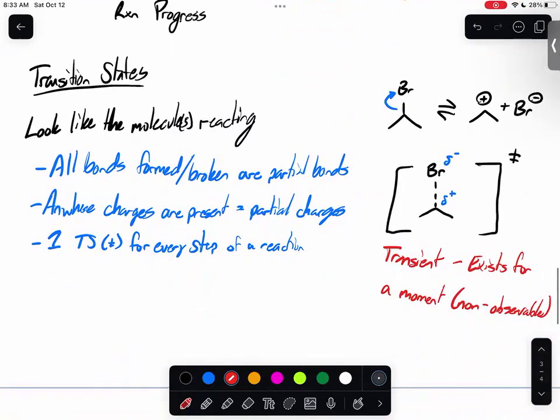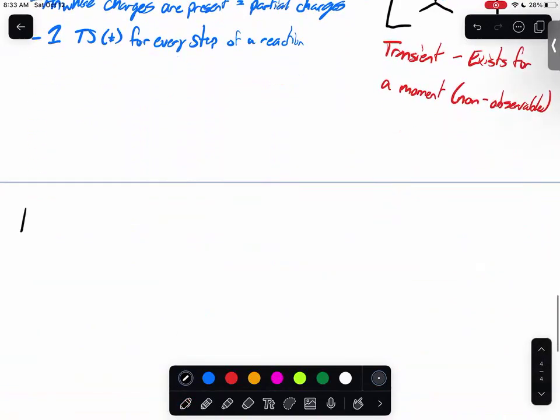They're not really observable. But there is a postulate that we actually need to keep in mind because it's very important for understanding how these transition states actually work. All right, and that is this guy named Hammond came up with this really good idea. It's Hammond's postulate.